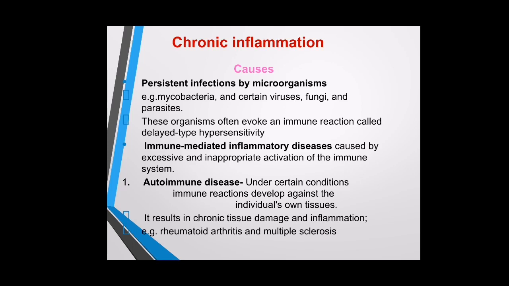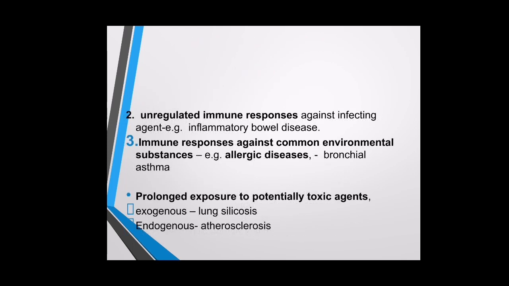Examples are rheumatoid arthritis and multiple sclerosis. Unregulated immune responses against infecting agents are seen in inflammatory bowel disease. Third are immune responses against common environmental substances, as in allergic disease, for example bronchial asthma. Finally, prolonged exposure to potentially toxic agents is seen in silicosis and atherosclerosis.